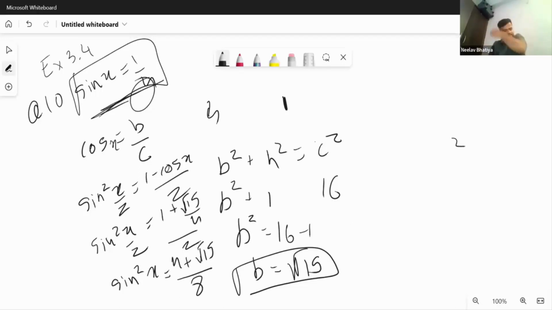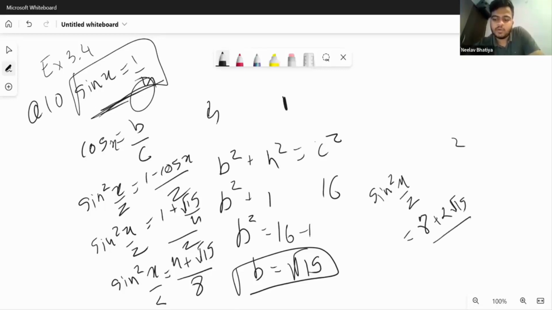Now, you could leave this term as is, but that's going to create complications for you when you're going to find out tan x by 2 and cos x by 2. Rather than doing that, write sine square x by 2 as equal to 8 plus 2 times root 15 upon 16.